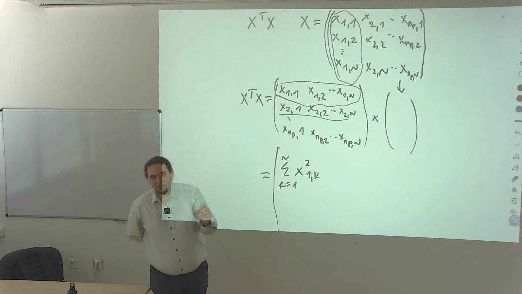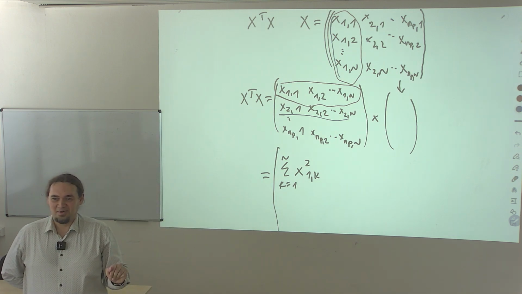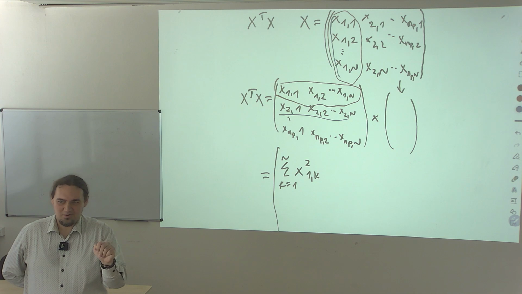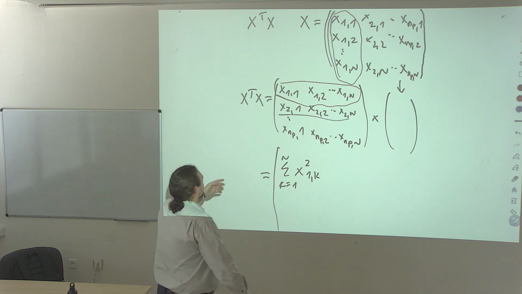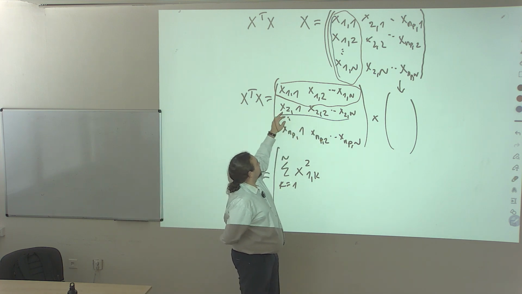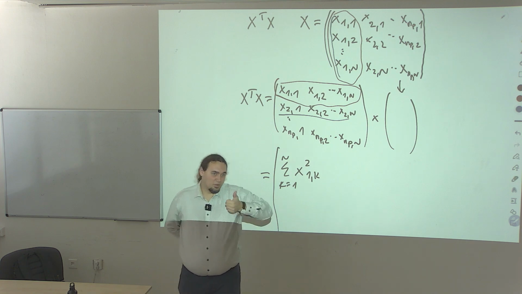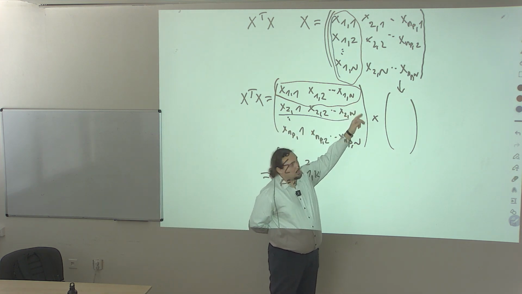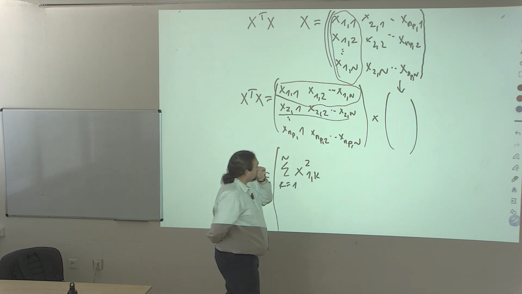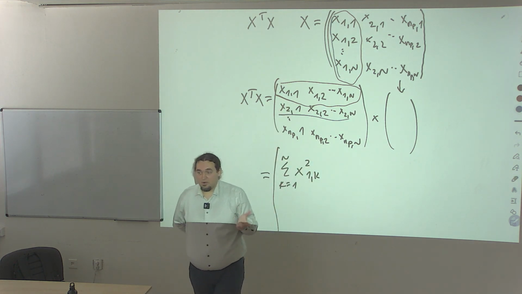What do these terms have in common? So do we get sum of squares? No. We get something like the cross products between, well, this second row is telling about the second variable that we have in our data set. The first column here is just saying again about the first variable.